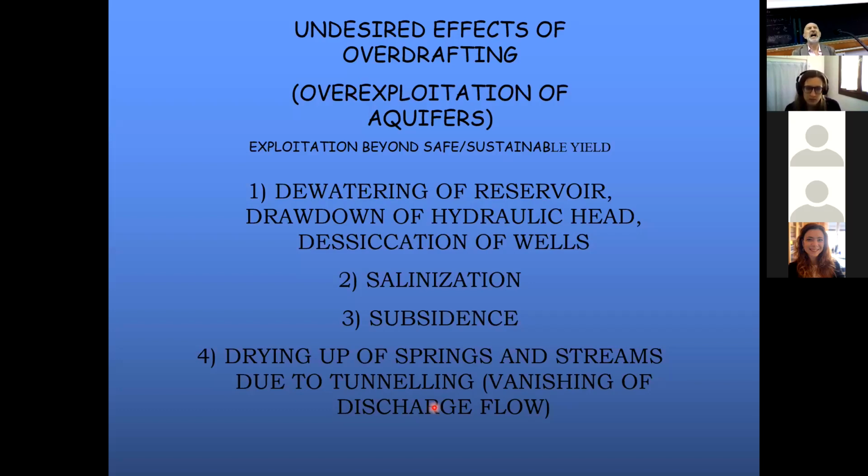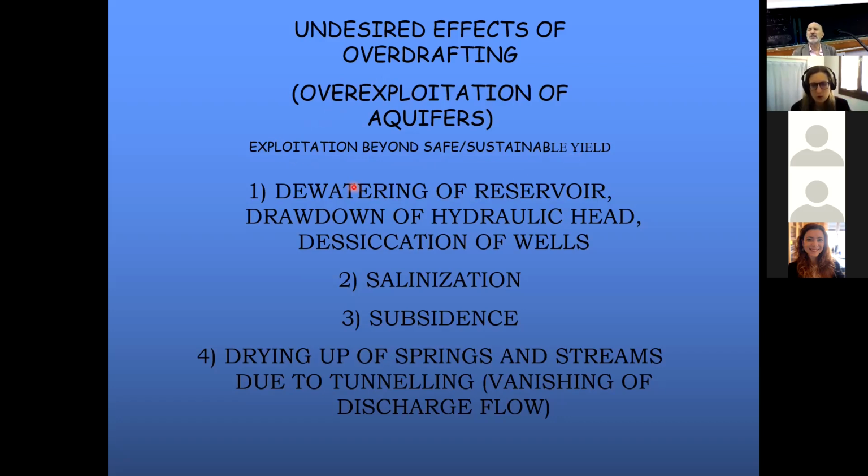Which are the undesired effects of overdrafting? Overdrafting is the process by which you are exploiting the groundwater at an unsustainable rate, a rate that is not sustained by the hydrologic cycle, by the natural hydrologic process. So basically, you are exploiting the resource beyond what we can term the safe or sustainable yield.